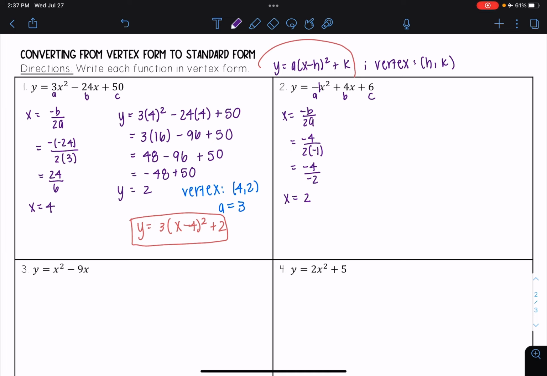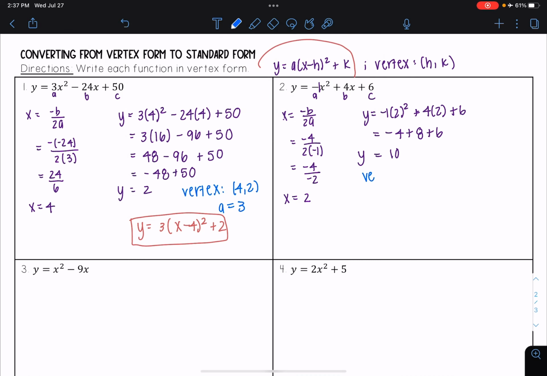Next I need to find my y value, so I'm going to plug in 2 for x. So I have negative 1 times 2 squared plus 4 times 2 plus 6. 2 squared is 4. 4 times negative 1, I get negative 4 plus 8 plus 6. Negative 4 plus 8, I get 4. 4 plus 6, I get 10.